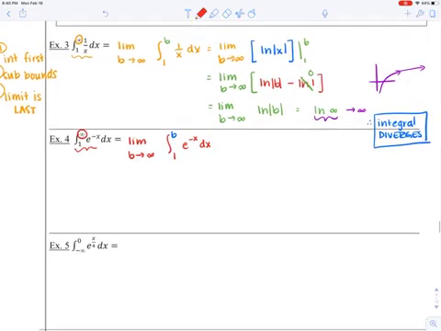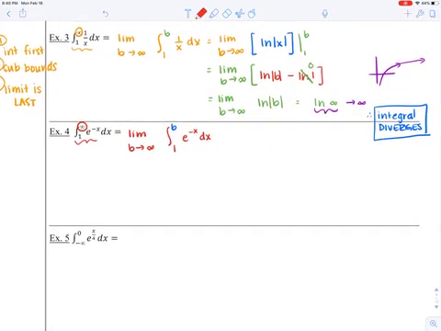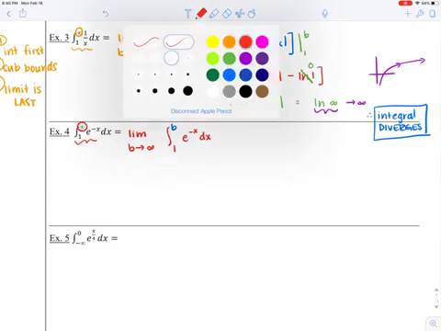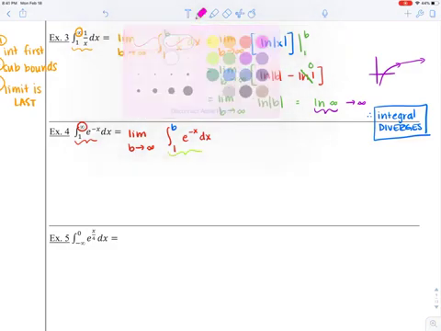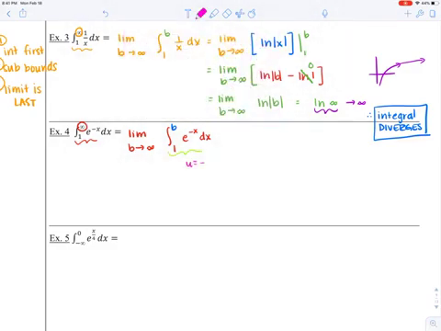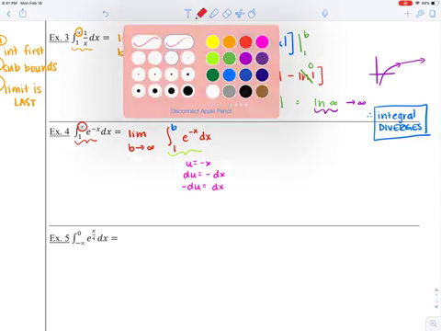Now guys, you still have to know how to take an antiderivative. You still need to know how to work with limits. All of this is prerequisite knowledge, okay? So if I'm just looking at this integral, this is something that would make me do u substitution. We would say that u is negative x and du is negative dx. So negative du is equal to dx.